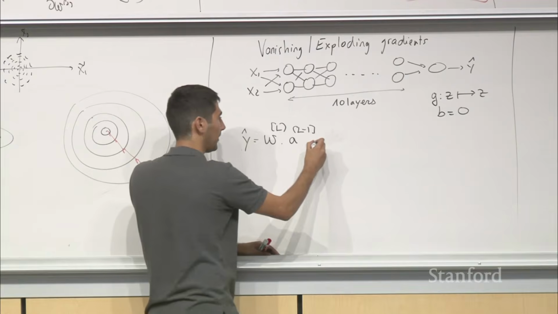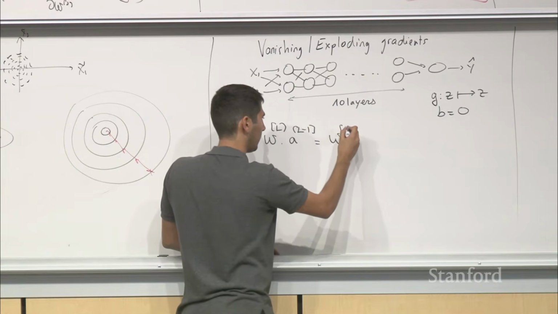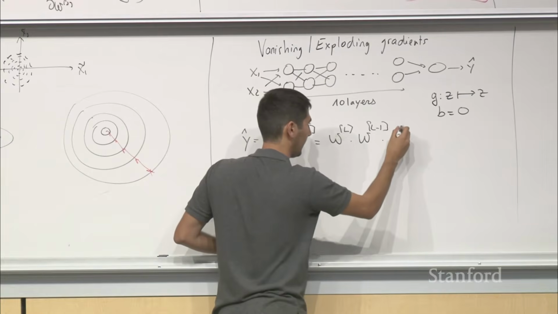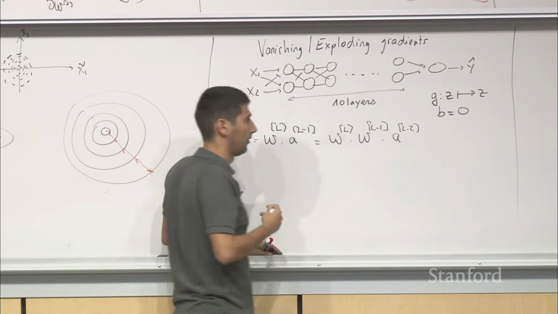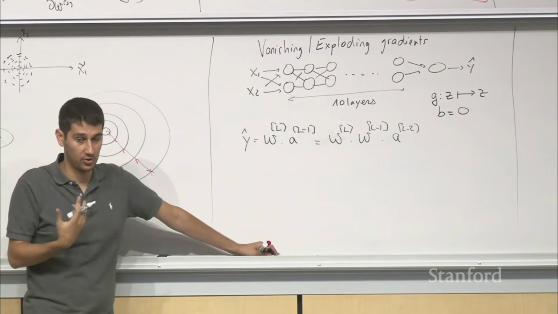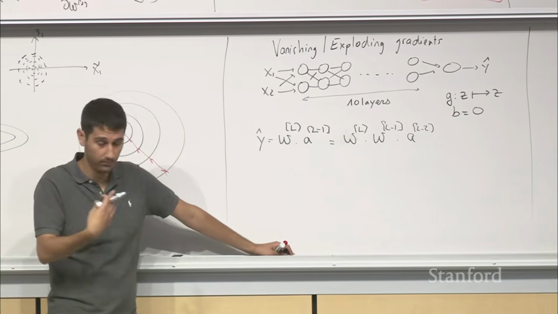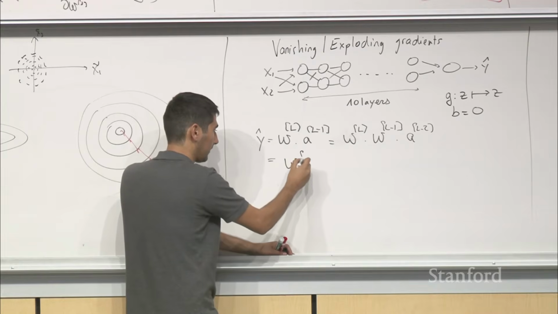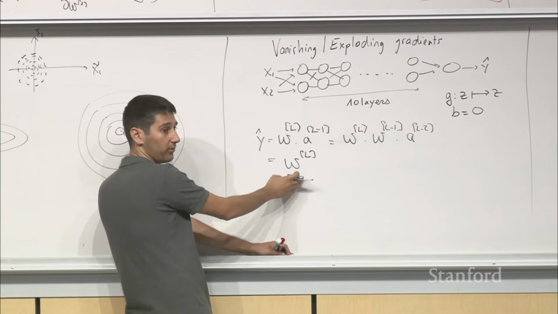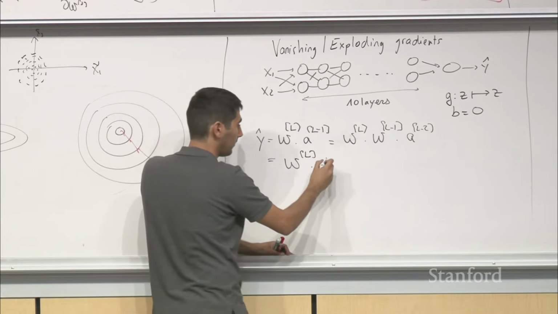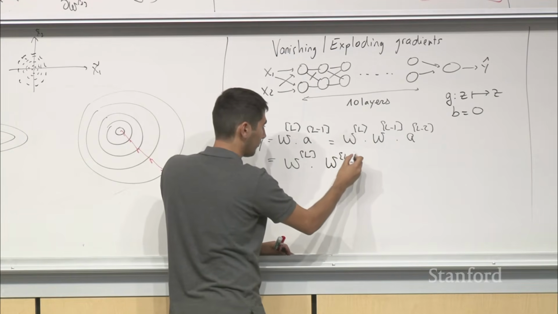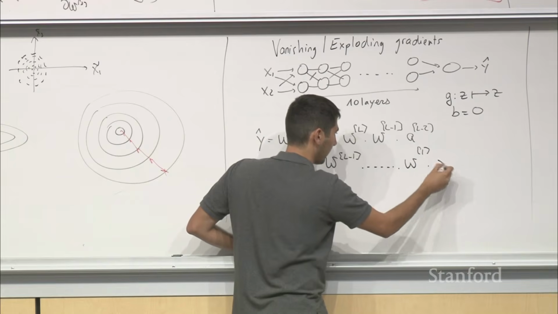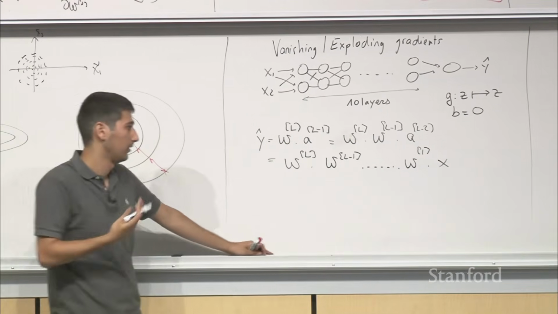You know that AL minus 1 is WL minus 1 times AL minus 2, because the activation is an identity function, and so on. You can go back, and you will get that y hat equals WL times WL minus 1 times and so on, times W1 times X. You get something like that.